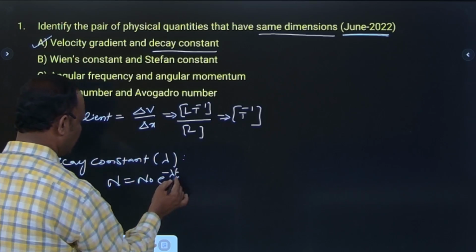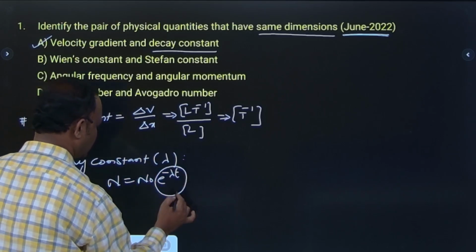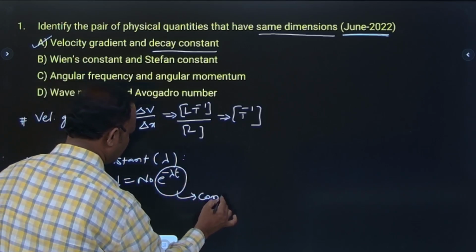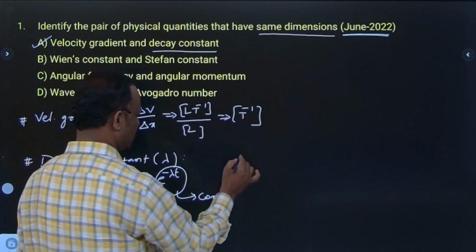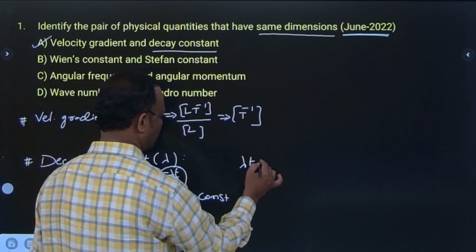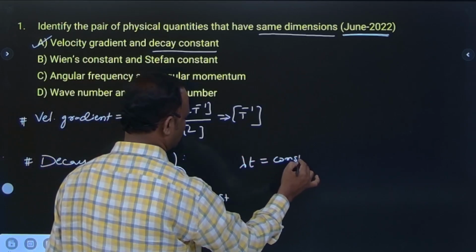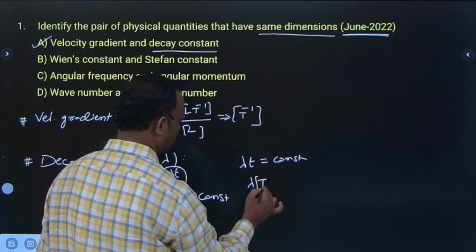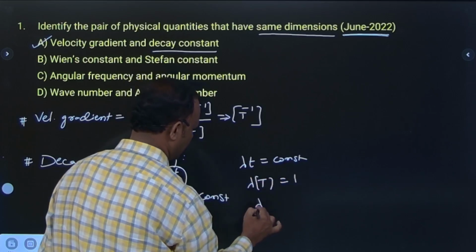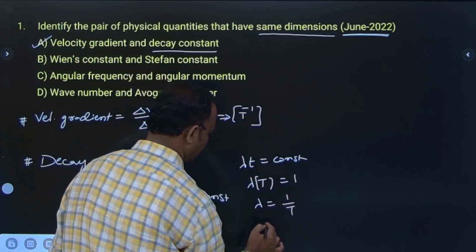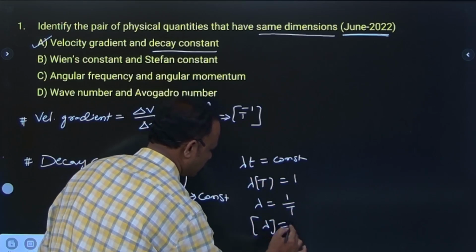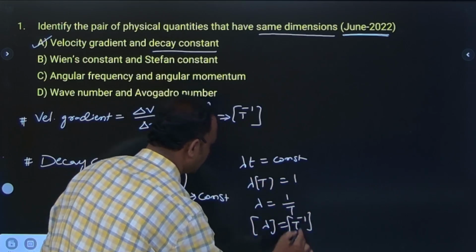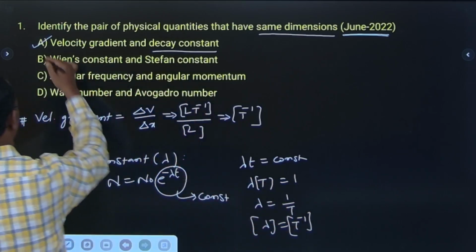This is exponential form, which has no dimensional formula, it's a constant. So the dimensional formula of lambda t is constant, meaning lambda into t is equal to 1. Lambda is equal to 1 by t. The dimensional formula of lambda is T minus 1. So your answer is the first.